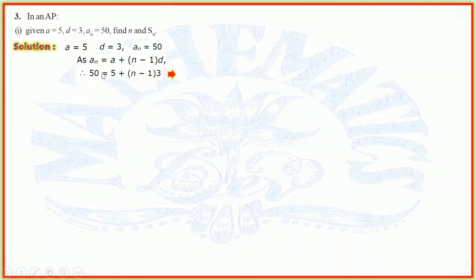So 50 minus 5 is 45 equals n minus 1 into 3. Then this 3 and 45 will also be cancelled, so this is 15. So n minus 1 is equal to 15, so n is equal to 16. So we got the first answer, that the number of terms is 16.